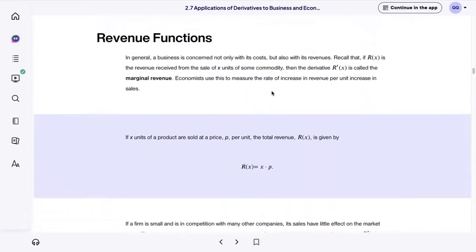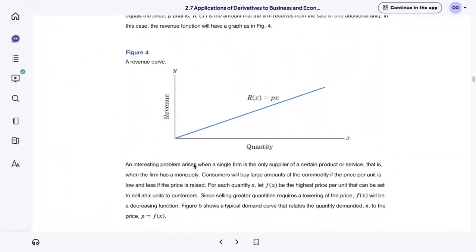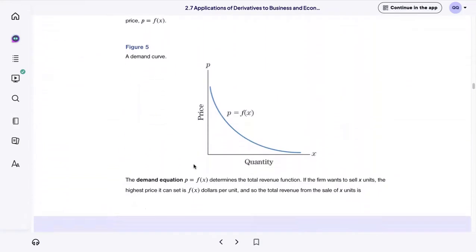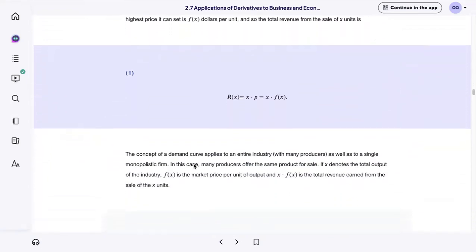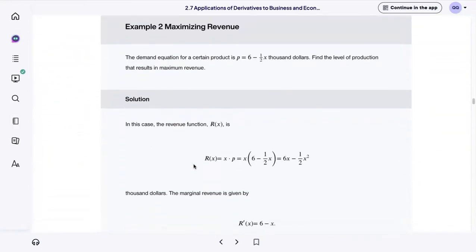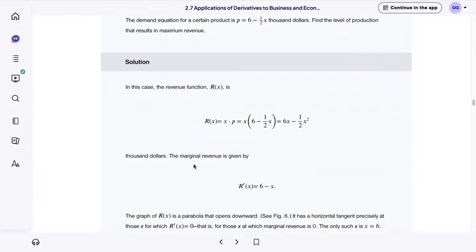So the revenue function is the price multiplied by the quantity. And when we talk about marginal revenue, that also means the derivative of the revenue. Let's see this question. We want to minimize cost, maximize revenue. This one says the demand equation for a certain product is this, in $1,000.